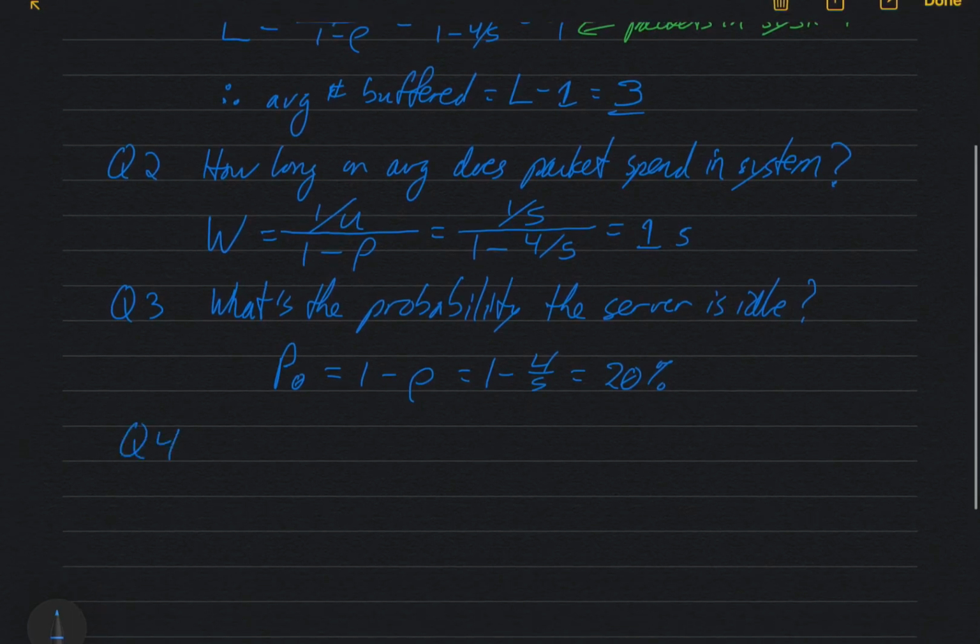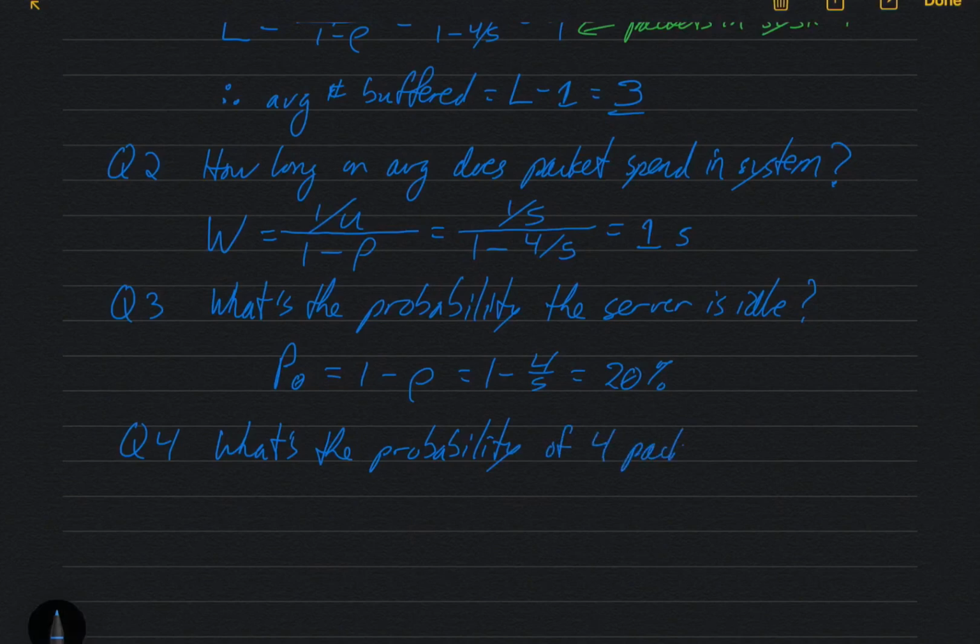Question 4. What's the probability of 4 packets in the system? So that would be 3 in the buffer plus 1 being served.